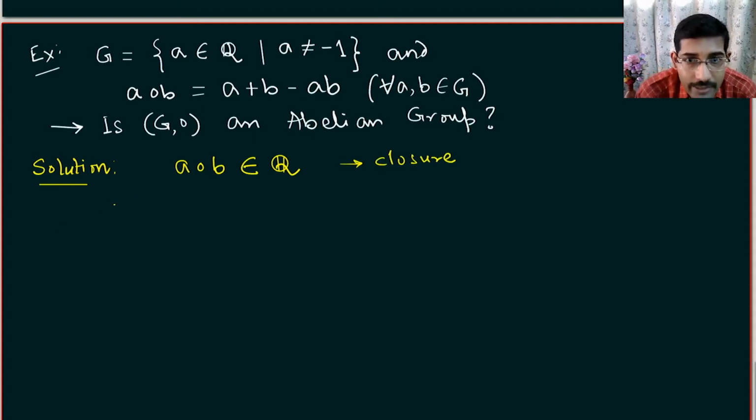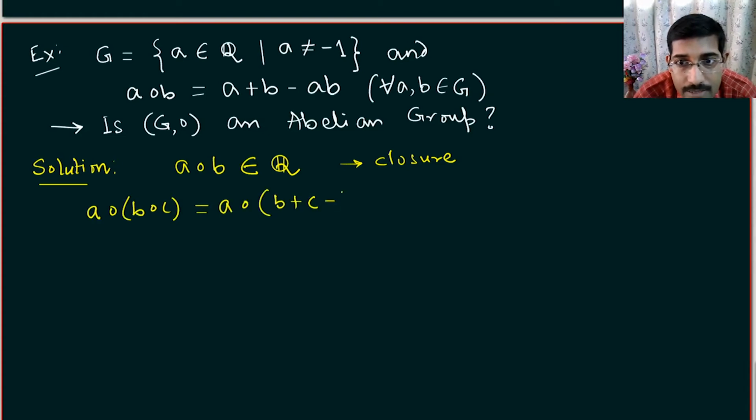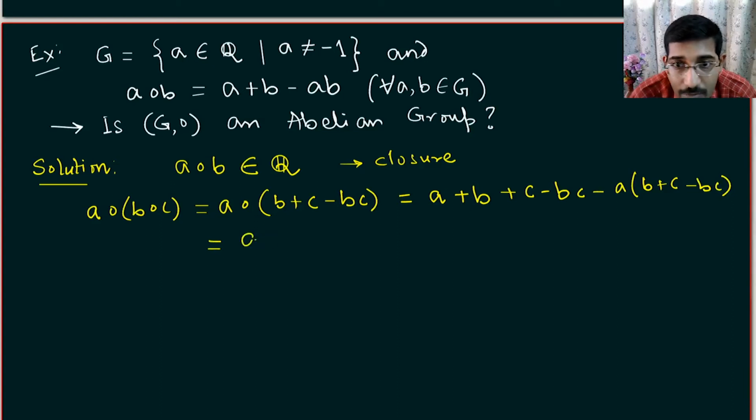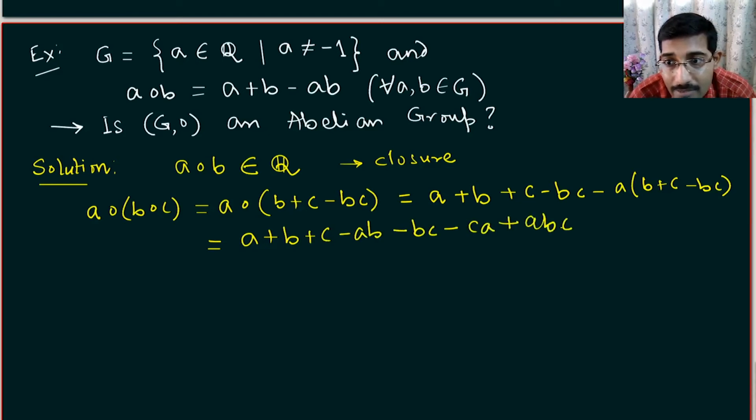For the associativity, you can easily see that A∘B∘C is basically A operated over B plus C minus BC, which is A plus B plus C minus BC minus A into B plus C minus BC, which you compute will come as A plus B plus C minus AB minus BC minus CA plus ABC.